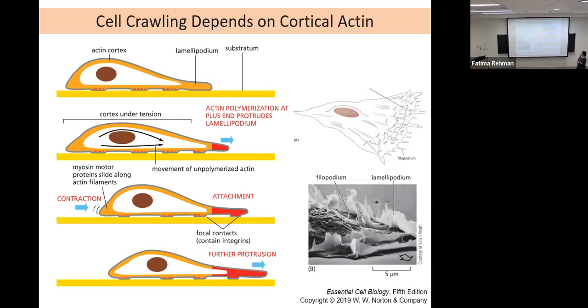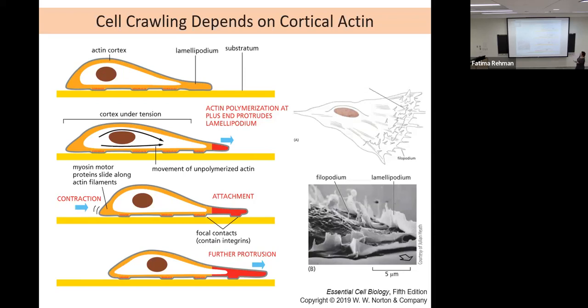So when you have a need for movement for whatever reason, there will be signaling molecules that will cause actin polymerization at the site where they need to move, in the direction that they need to move. Particular fibers become the growing end of the actin fibers at that point.